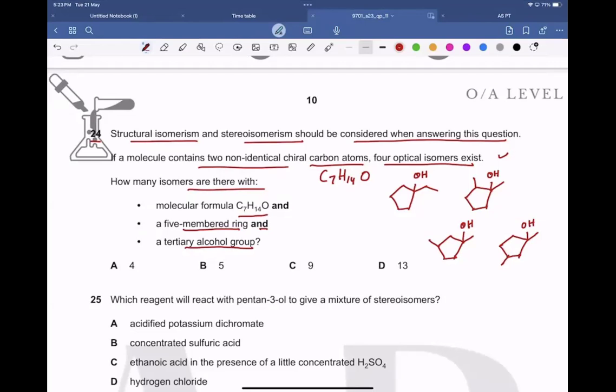And there is one more possibility: if I put two carbon chains on one carbon, then I can't put an OH over here.